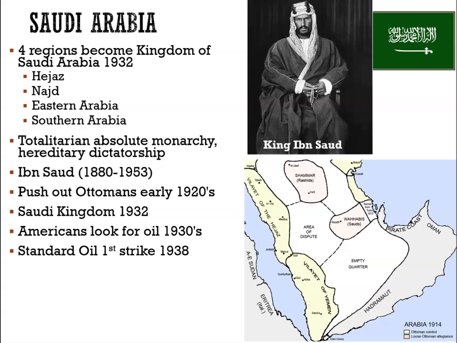Standard Oil will get the first strike of oil in 1938. And basically, they will draw up a deal with the Saudi Arabians and create a company, an agreement, a cooperative called the Arabian American Oil Company, or Aramco.